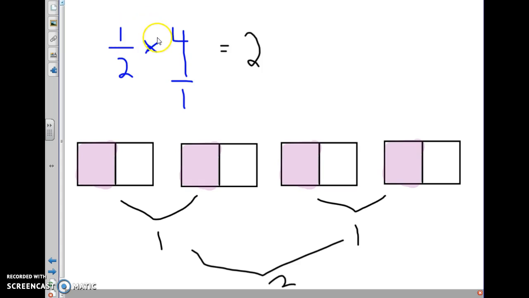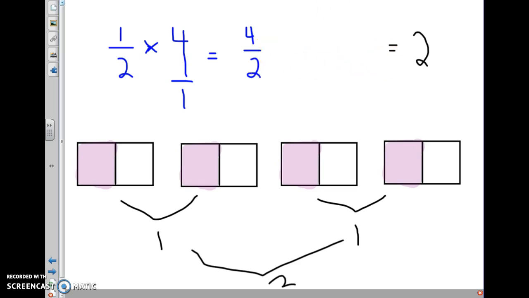Well, what's 1 times 4? I'm going to move this guy over here. 1 times 4, of course, is 4. And what is 2 times 1? 2. Okay, so now I've got 4 halves. Well, now we have an improper fraction. I want to turn that into a whole number, or if it happens to be a mixed number, well, that's great too. What is 4 divided by 2?